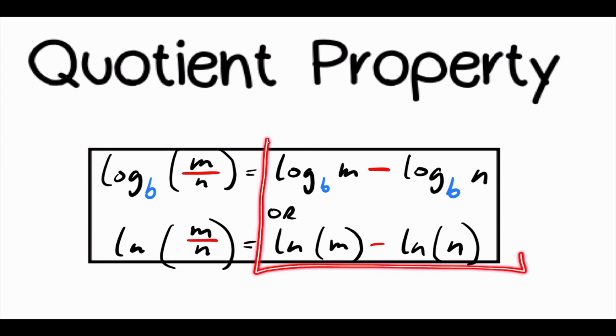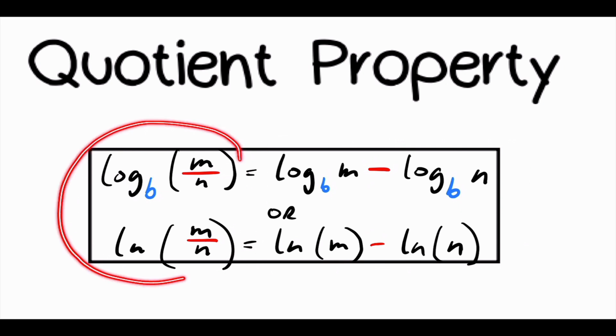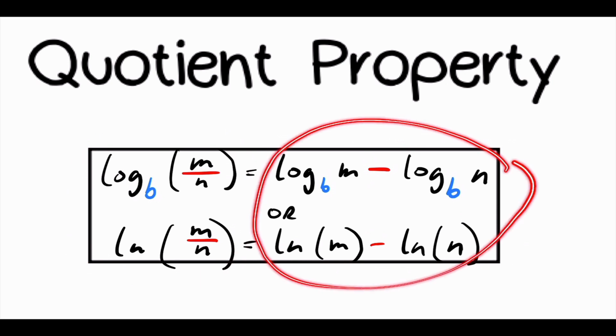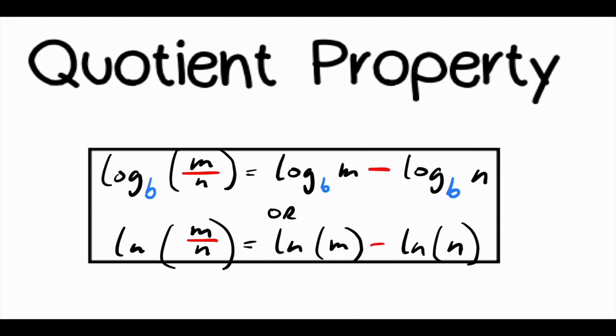These guys are the expanded versions. The condensed sides have division. The expanded sides have subtraction. That's just the way it is.